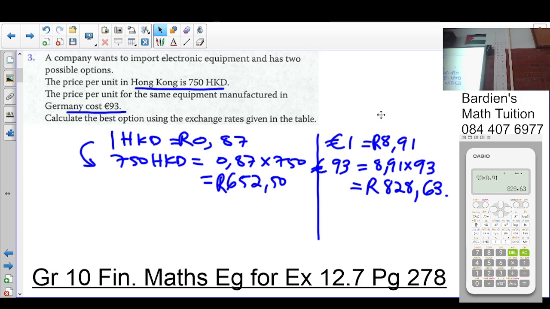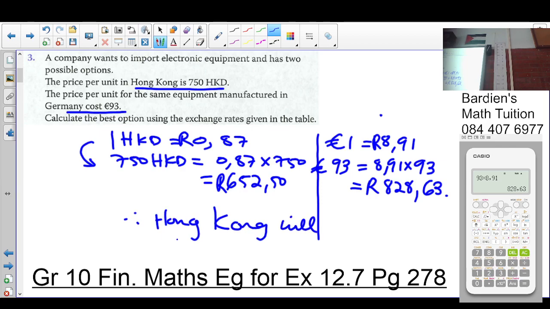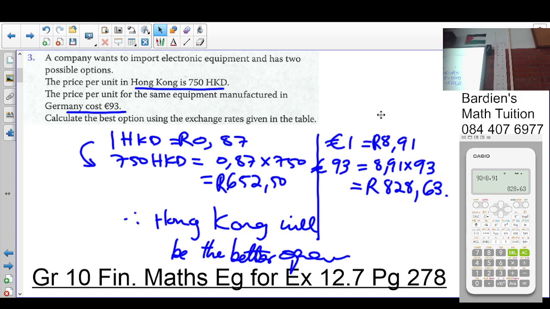So which one is going to be a better option to buy from? Hong Kong. Okay, therefore, Hong Kong will be the better option.